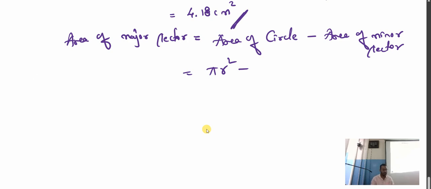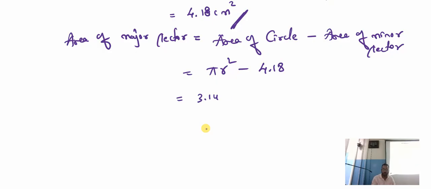So what is the area of minor sector here? What is the area of minor sector? The value just now we got is 4.18. Write it here. Then observe here, pi is 3.14 into radius is 4 into 4 minus 4.18.